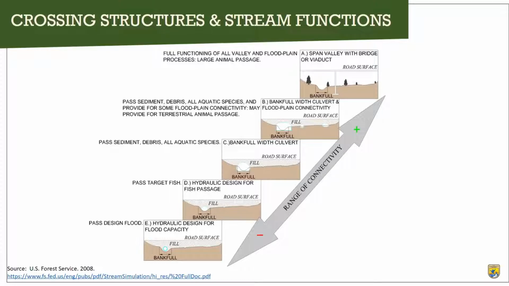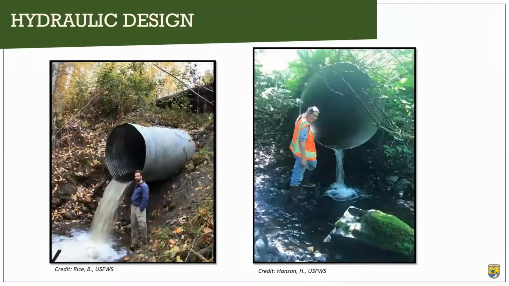I will start by talking about all these methods today, but I'm going to start by working from the bottom and going up. So basically the lowest connectivity and function, which is a culvert that is just designed to pass the flood flow. Here's a couple examples of culverts designed just to pass the flood flow.